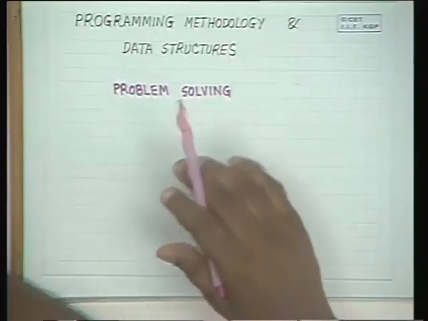And how we convert it to a sequence of steps is something that we do ourselves. In other places you will read up terms like algorithm design, programming methodology, data structuring. These are all related to converting the problem which is given to you to a sequence of steps which can be executed in the computer.